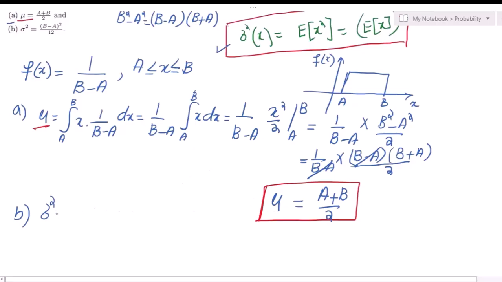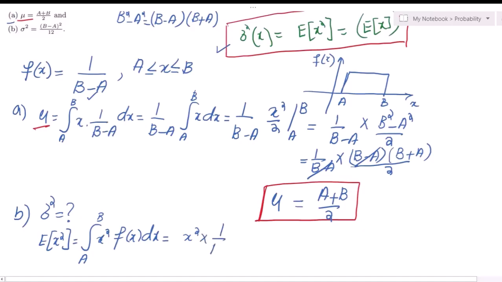In order to find the value of sigma square, we have to find the value of E of x square, which is basically the integral from a to b of x square f of x dx. Let me write the value of f of x: it would be x square multiplied by 1 over b minus a dx, and the limits again would be from a to b.